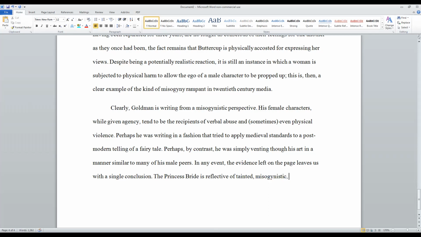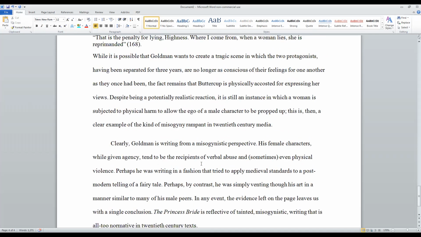Of tainted, misogynistic writing that is all too normative in 20th century texts. And I'm going to highlight this and make that italicized because the titles of books, magazines, and films are italicized in writing.